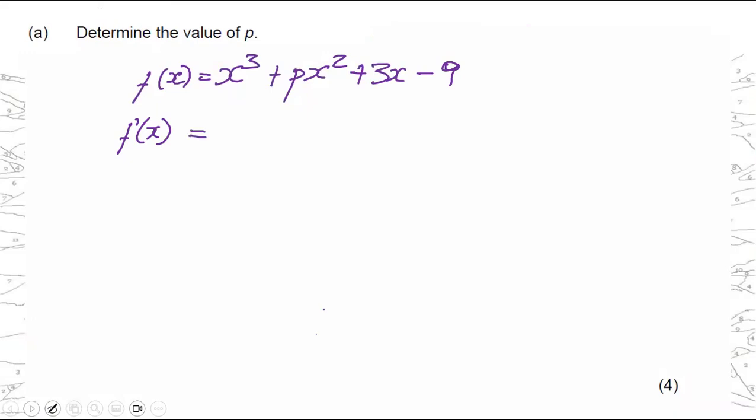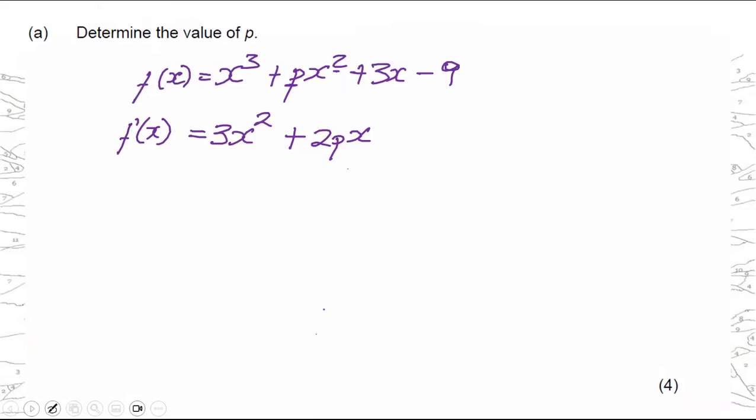So 3 multiplied by 1 will give me 3. From 3, you minus 1, it'll give me an exponent of 2. And the second term will be 2 multiplied by p, that will give me 2p. And from that 2, you minus 1, so you'll be left with 1, which you do not need to write.